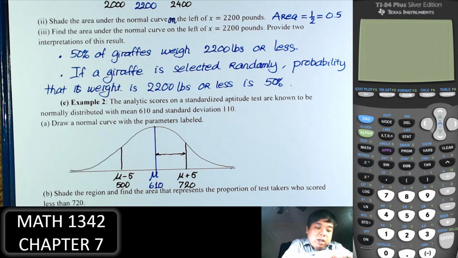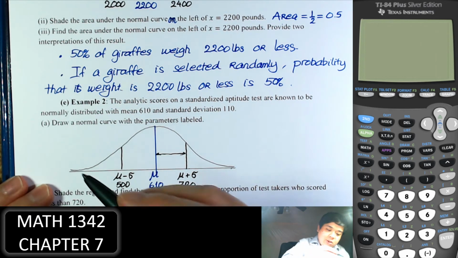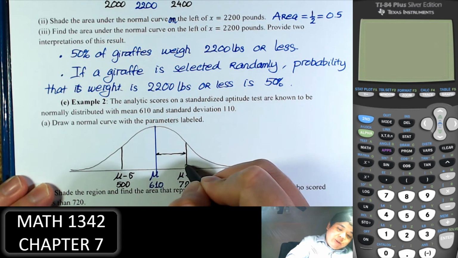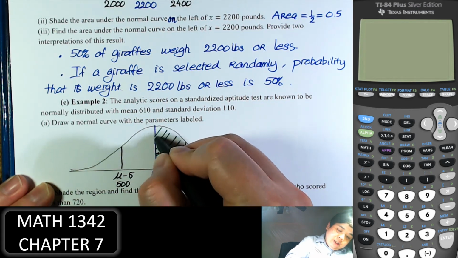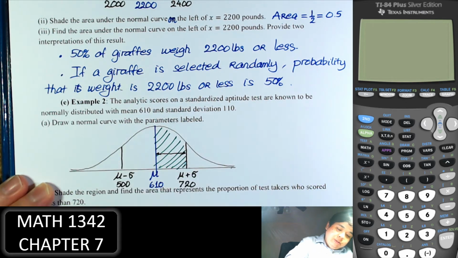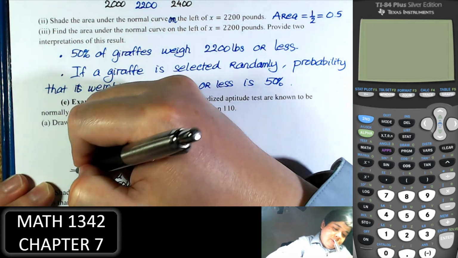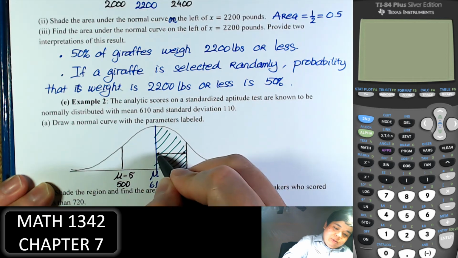Right. Shade the region and the area that represents the proportion of the test takers who score less than 720. So less than 720 will be this, and of course this one as well.